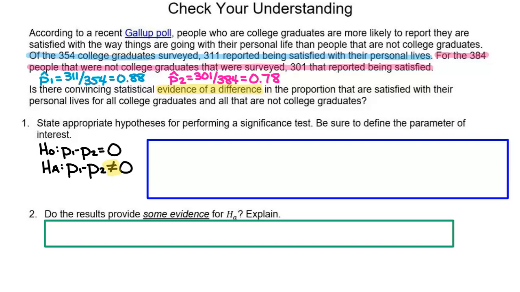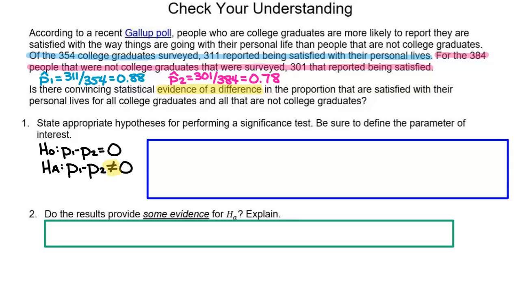All right, let's define our parameter. Since I have P1 minus P2 equals, P1 minus P2 does not equal, I need to define what P1 minus P2 means. When we talk about our parameter, I told you the other day there should be 3 words that pop right into your head. The true proportion, right? Only here we're subtracting.